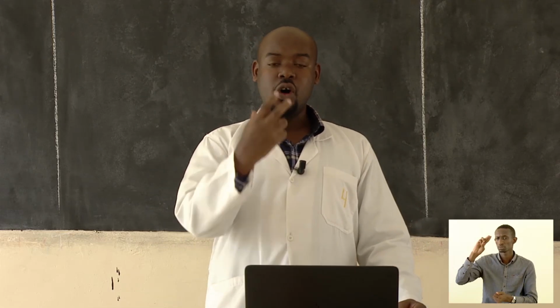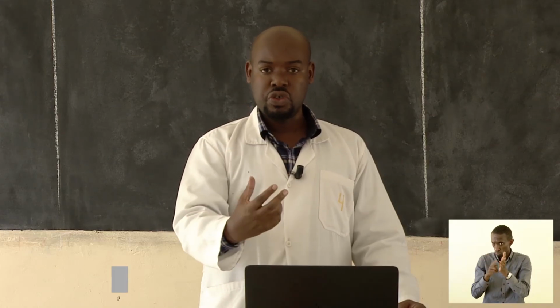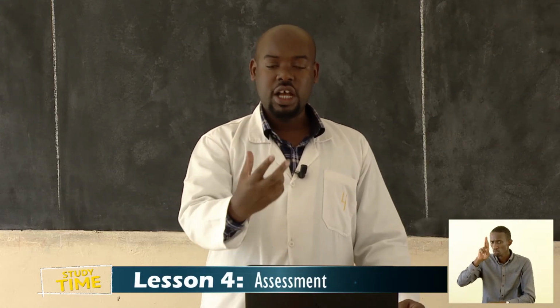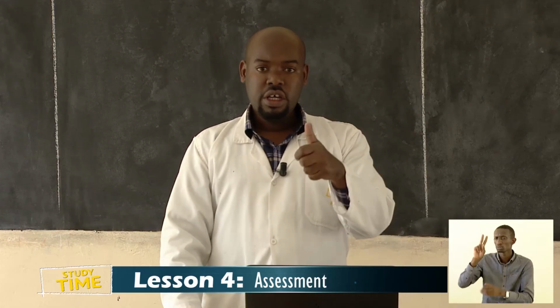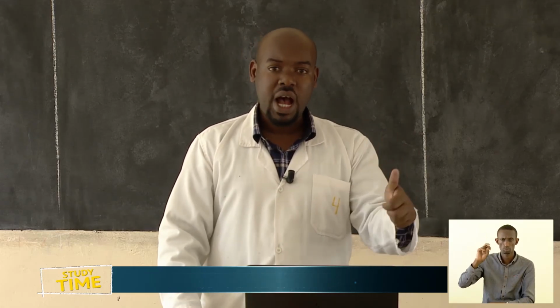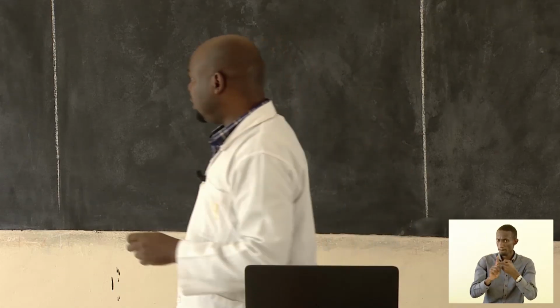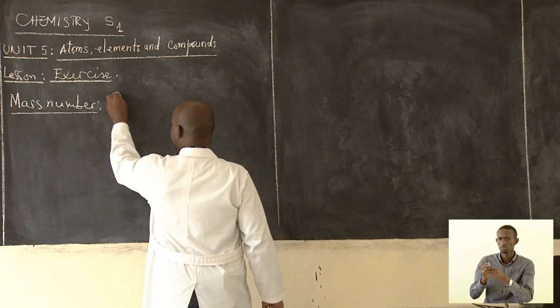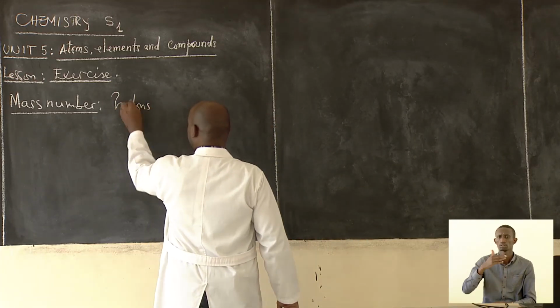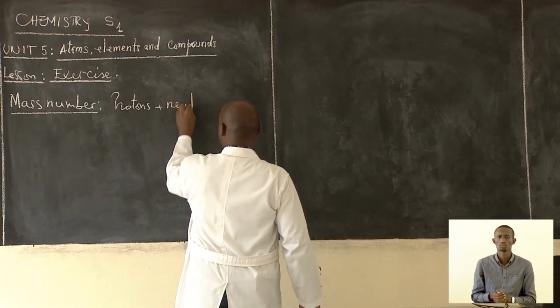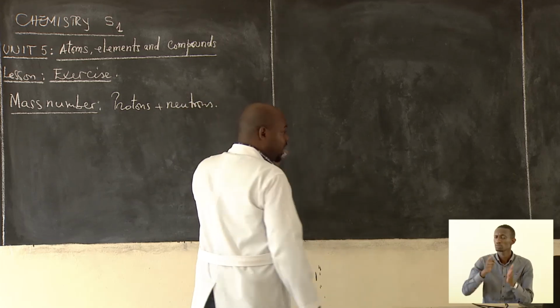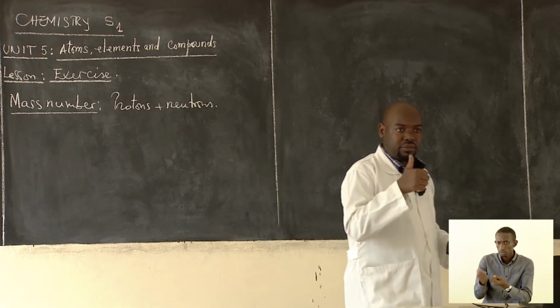So the sum of protons and neutrons found in the nucleus of a given atom is called the mass number. So mass number is equal to the sum of protons and neutrons in the nucleus of a given atom.